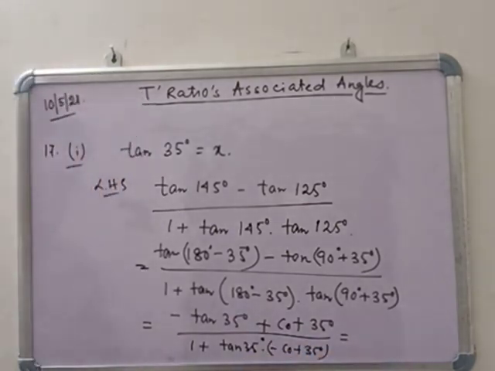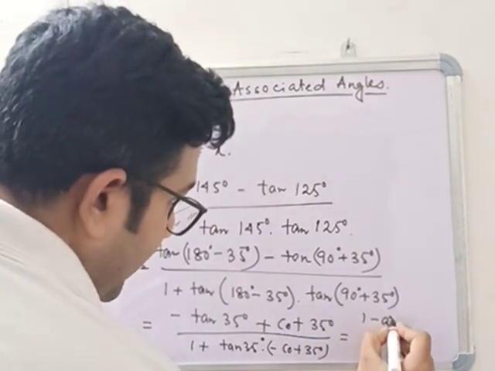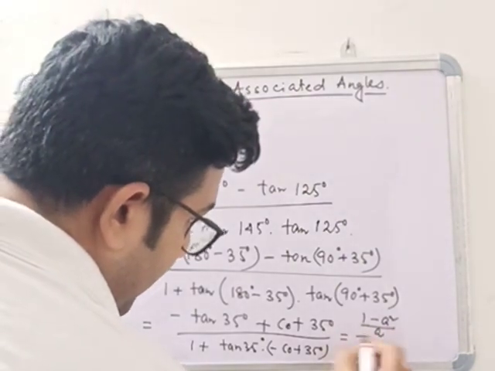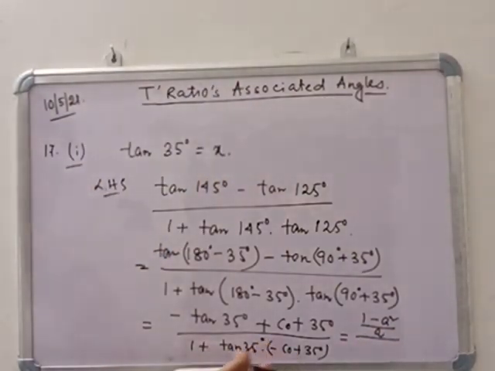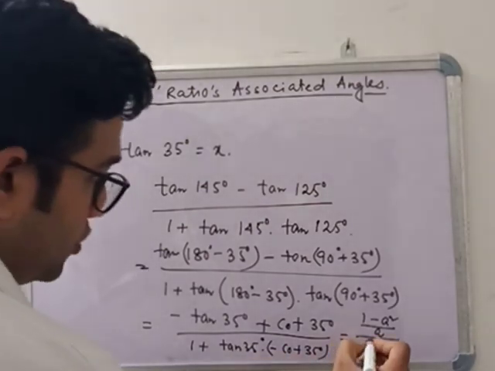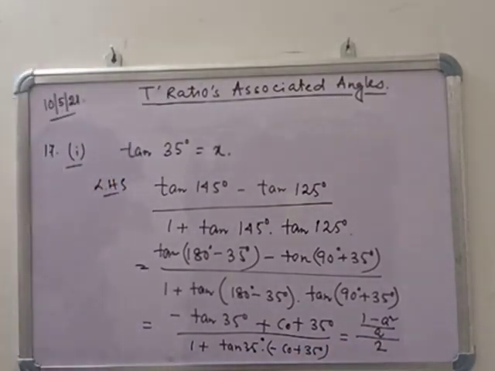So that means if we put the value, this is minus x plus 1 by x, that is 1 minus x square by x, and this is tan theta into cot theta, this is 1, so 1 minus 1, that is 2. Okay.